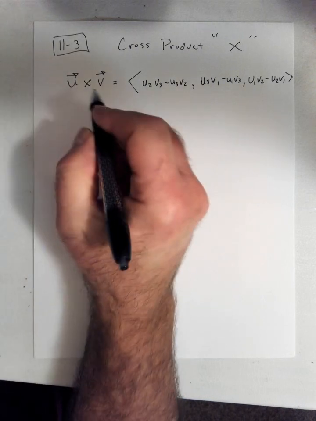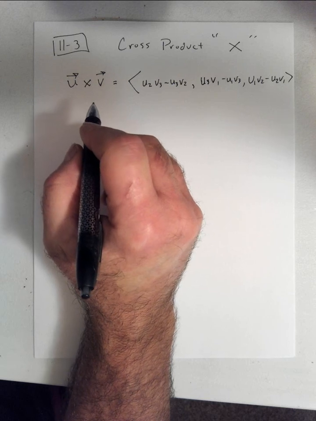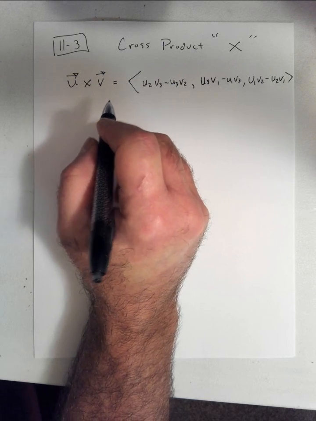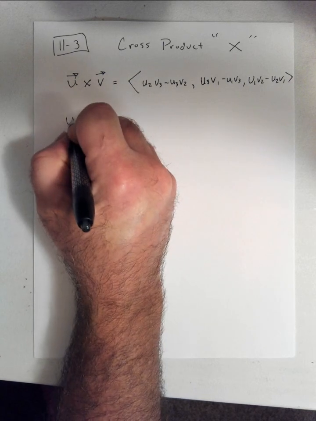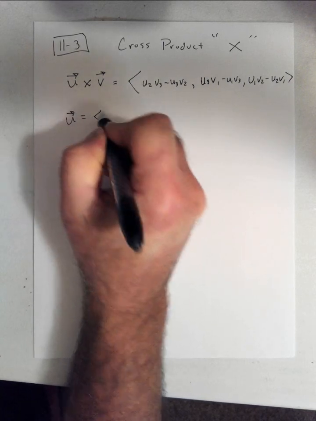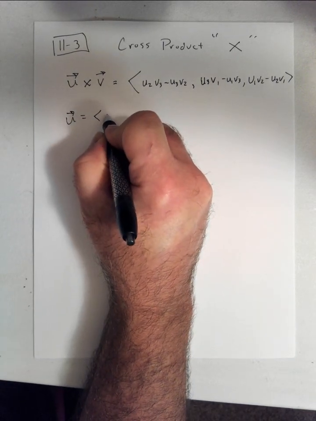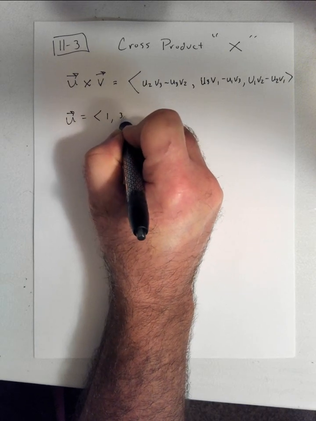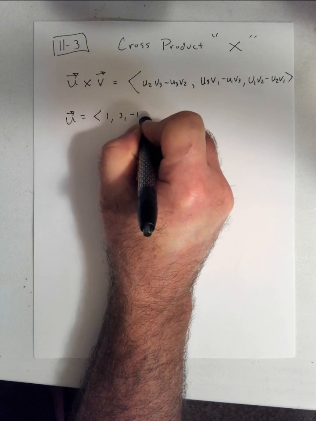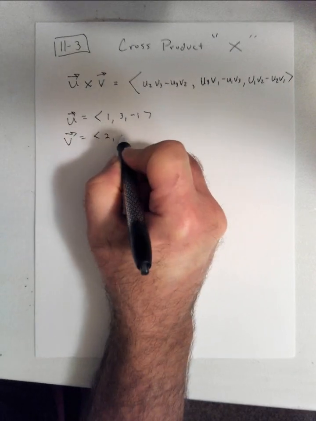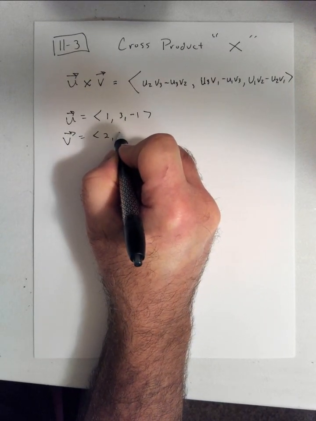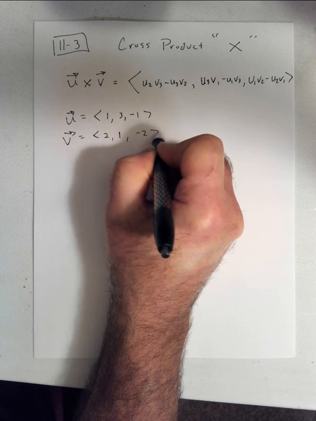So let me grab a couple vectors and show you how this works. Let's say u is 1, 3, negative 1, and v is 2, 1, negative 2.